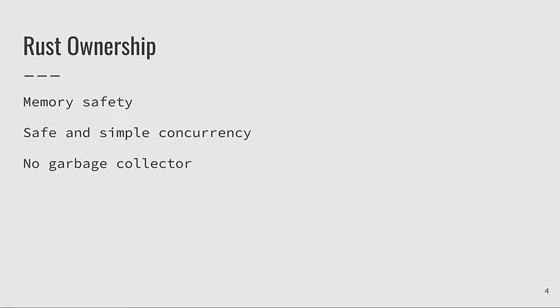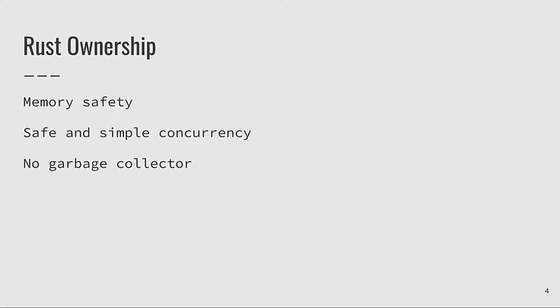With Rust ownership, which is a very central feature of the language, you avoid most of the use after free, double free, and dangling pointer issues that you would find with other languages, with C, for example. So Rust builds memory safety on top of ownership.